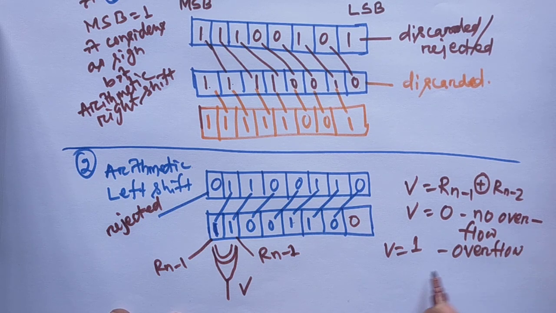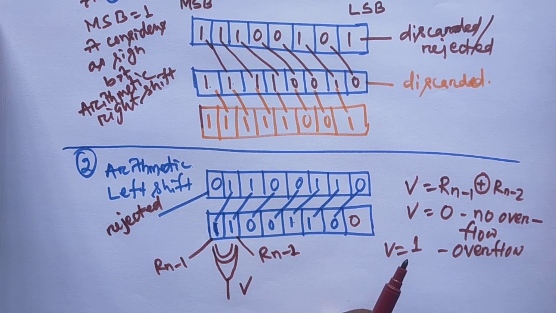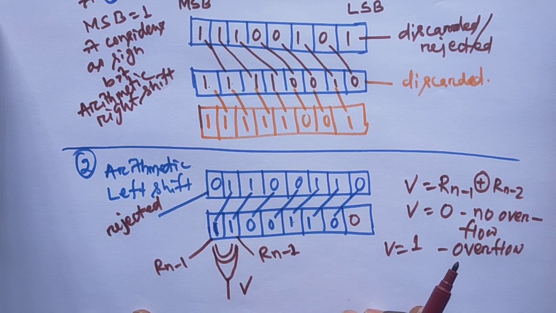In this way we will see; how the overflow is handled we don't consider in this lecture. In the next lecture, I will explain how it works if the overflow condition occurs.